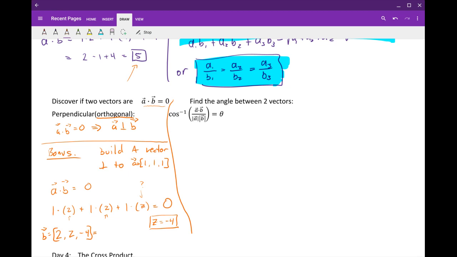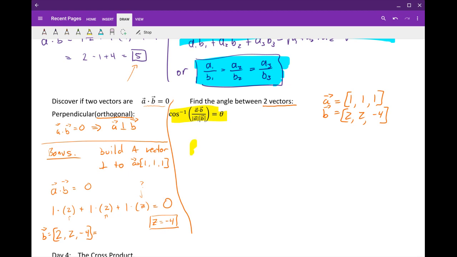Now we can find the angle between two vectors, right? In fact, let's use these two vectors that we just used, and we're going to discover that the angle between these two vectors is 90 degrees, 1, 1, 1, because we just made it up, 2, 2, -4. Okay, so basically what I'm going to do here is use this formula to determine the angle between two vectors.